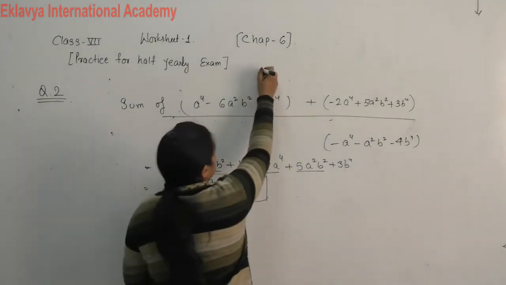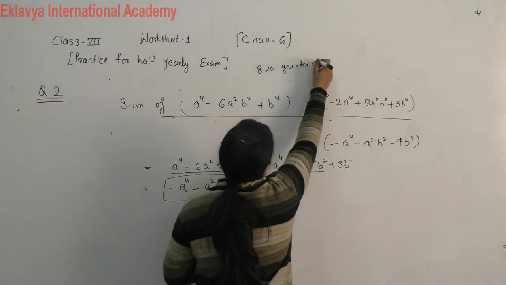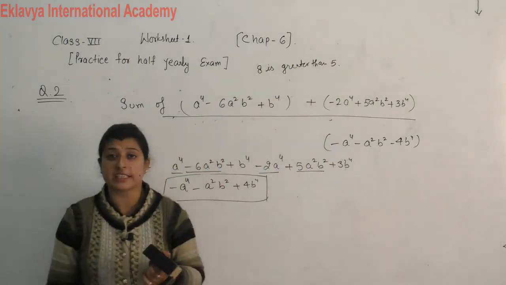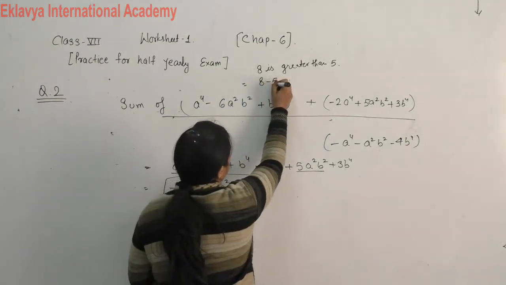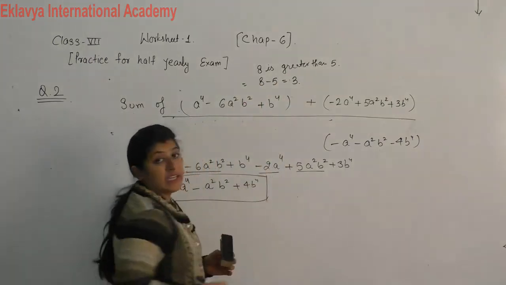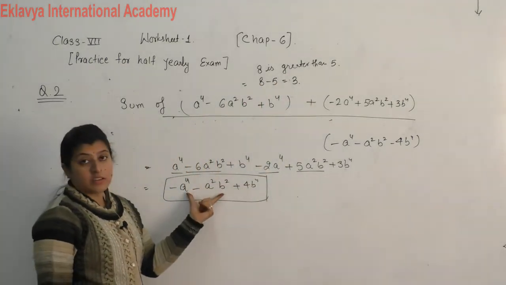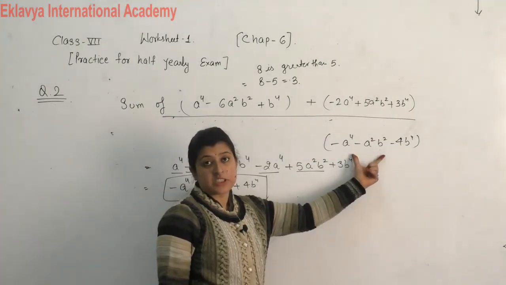In a simple way, 8 is how much greater than 5? If we write this down, then what will we do? We will do 8 minus 5 is equal to 3. It means we will take this algebraic expression minus this one algebraic expression.